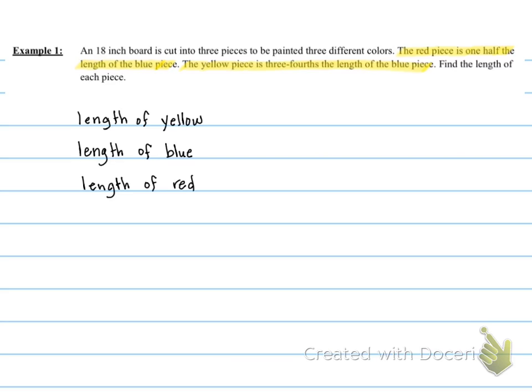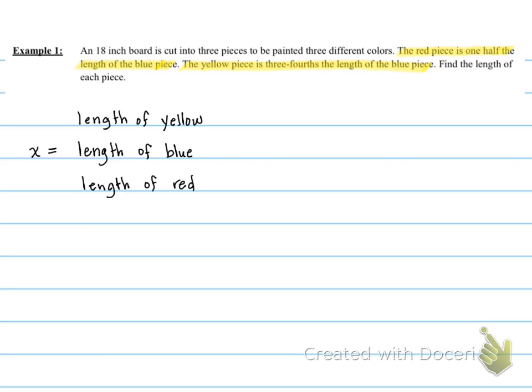So those sentences tell us everything we need to know, all in terms of the length of the blue piece. And so we decide we're going to have our variable represent the length of the blue piece, because if we knew that number, we'd be able to get anywhere we want to go from there. Does that make sense? So you're looking for sentences that give one of your unknowns in terms of the other to figure out which one your variable is. So x is the length of the blue piece.